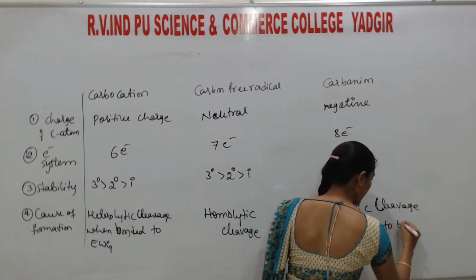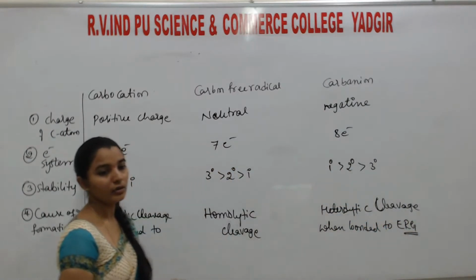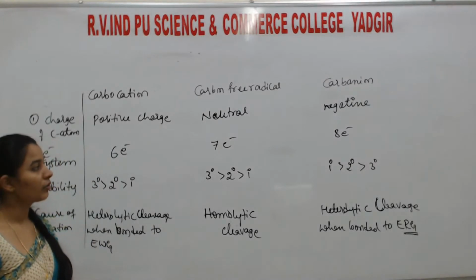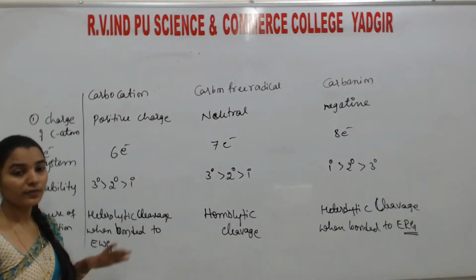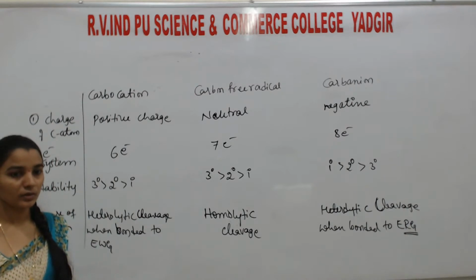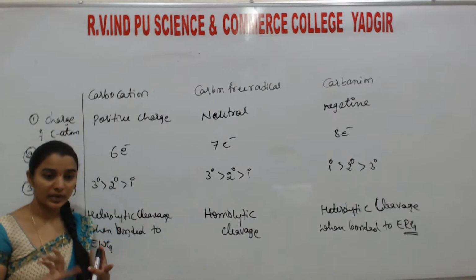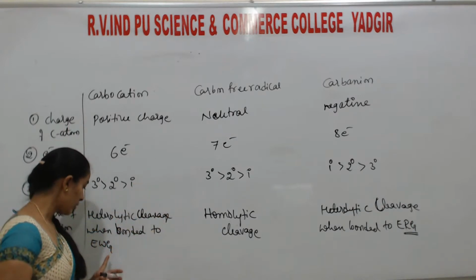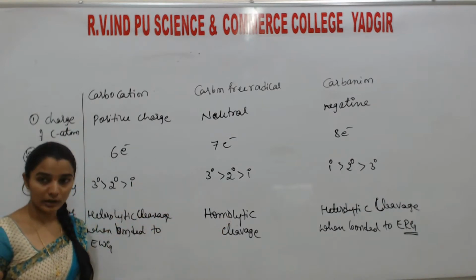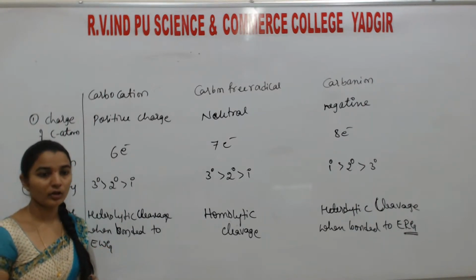Electron releasing group, ERG. So this is about the intermediates formed in the reaction mechanism. Understood? Okay. So in tomorrow's class we will discuss electron displacement, and what are electron withdrawing groups, what are electron releasing groups, what are nucleophiles and what are electrophiles. Okay. Thank you.